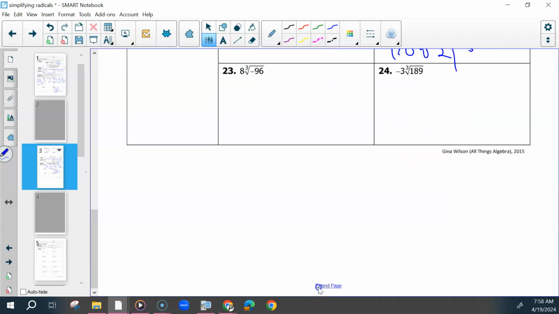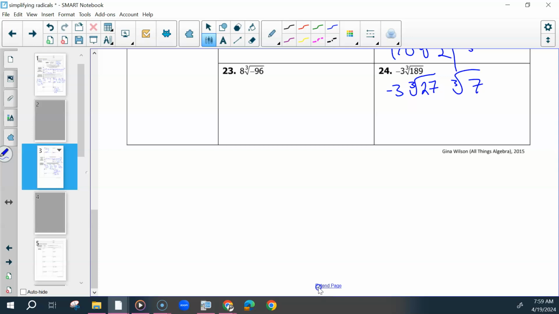Perfect cubes or breaking this down? Okay. So find a perfect cube that goes into this. 27 and 7. Simplify the cube root of 27, multiply it to the -3.